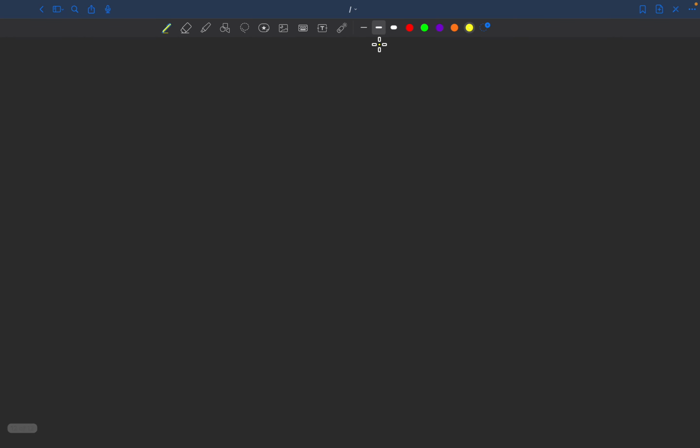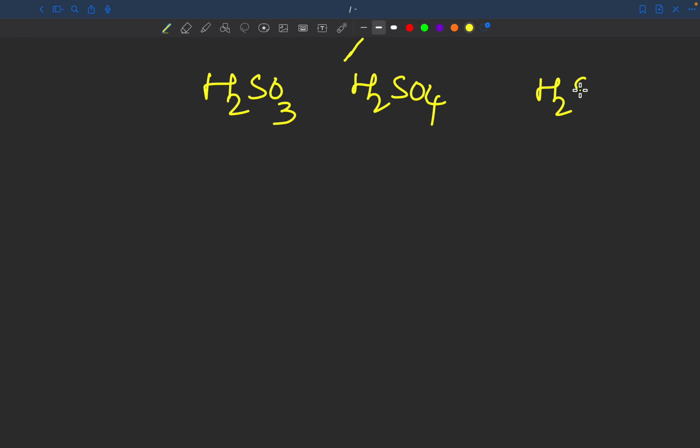So first of all, we'll see the structure of H2SO3, H2SO4, H2S2O3. We will check the structure of these three. In sulfuric acid you have one sulfur which is surrounded by 4 oxygens in this manner.